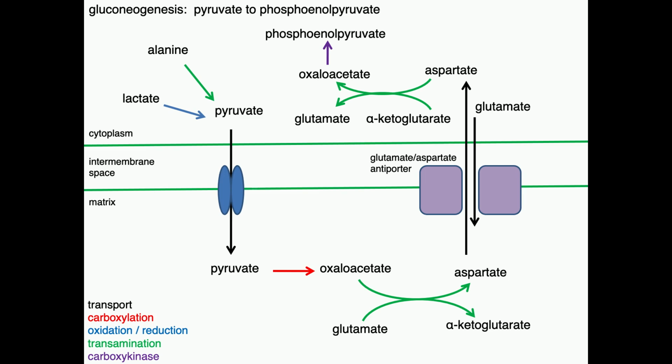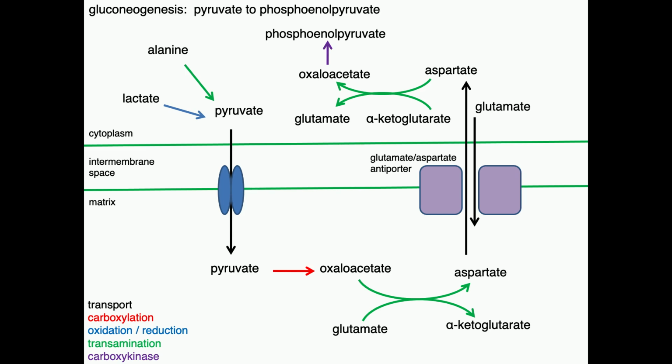So once the aspartate is out of the mitochondria into the cytoplasm, the reverse transamination reaction will occur and regenerate oxaloacetate. So this is a transamination route of getting the oxaloacetate out of the mitochondria, and it's depending on cytosolic and mitochondrial isoforms of the same transaminase enzyme.